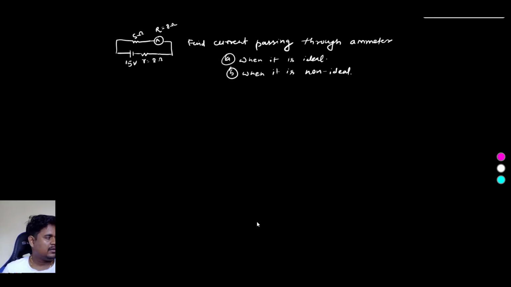So did you get the answer? Yes, what's the answer? Yes, for the ideal one, I through the ammeter is 15 by 7.